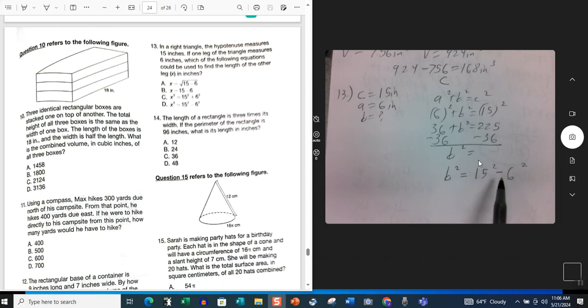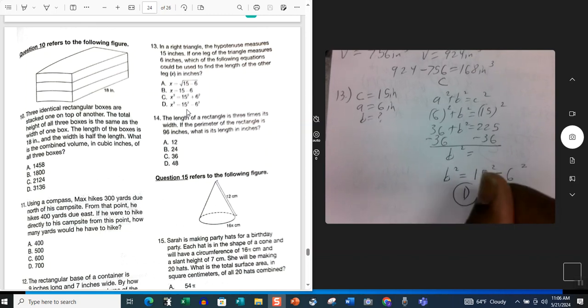So if we look at that and we use X instead of B, that would give us D as our answer. So our answer here would be D, because they just want the equation set up.